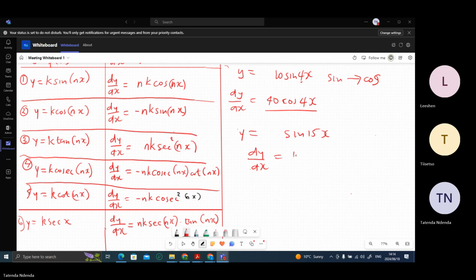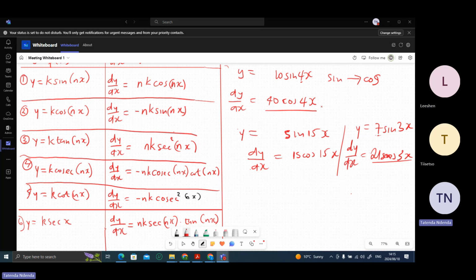It will be 15 cos 15x, right? Then if we're having y equals 7 sine 3x, what will be your dy over dx? It's 21 cos 3x, right?